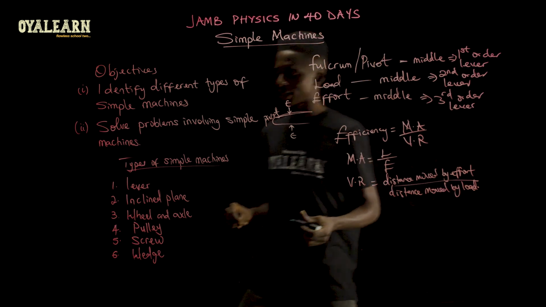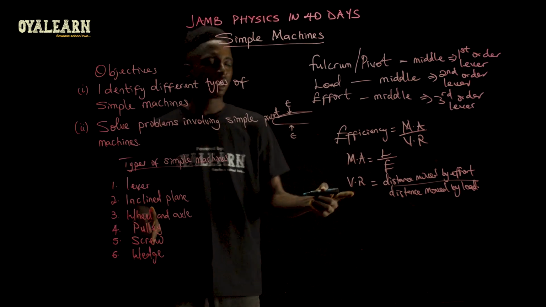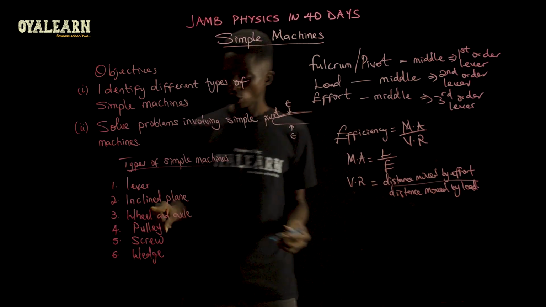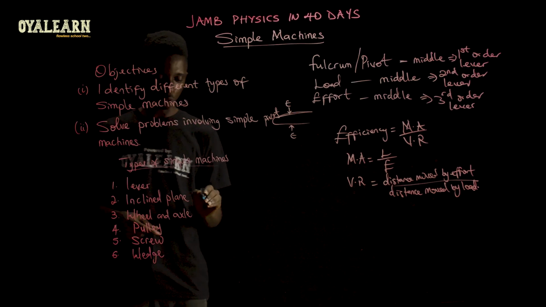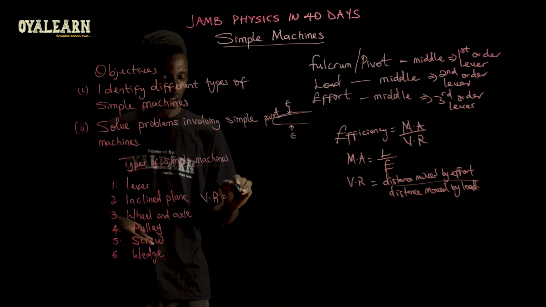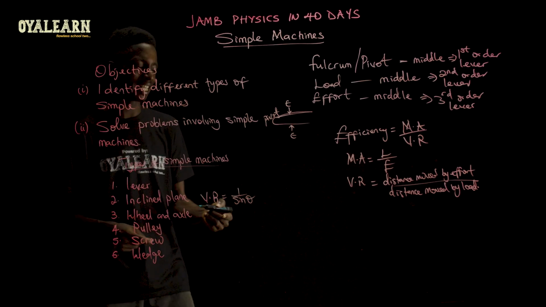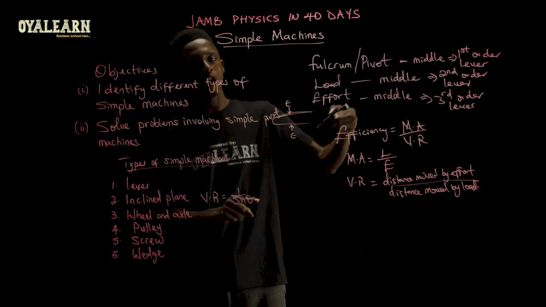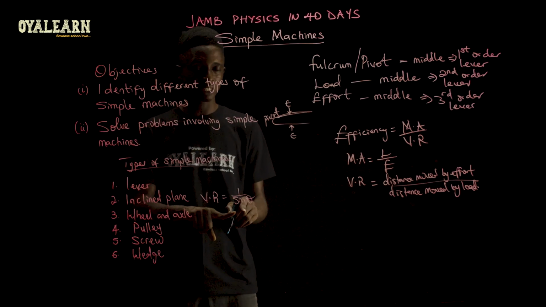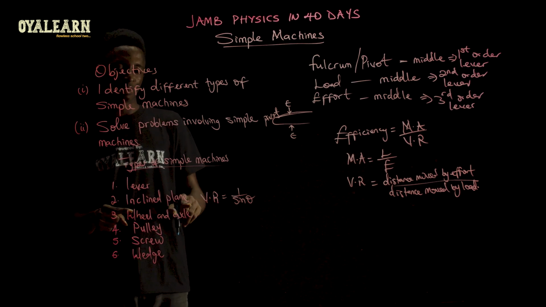For example, in the case of an inclined plane, if you're asked to find the velocity ratio and you don't know the distance moved by effort and the distance moved by load, you can apply another equation where the velocity ratio for an inclined plane is given as 1 over sine theta, where theta is the angle of inclination of the plane. This is another equation for velocity ratio, and it works only for inclined planes.